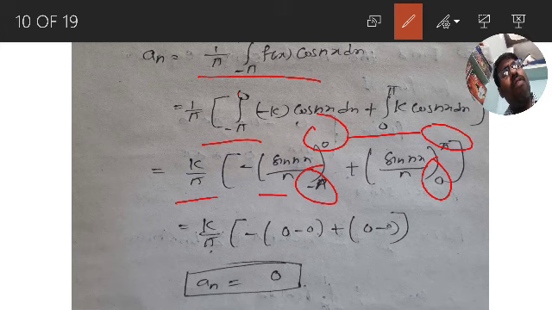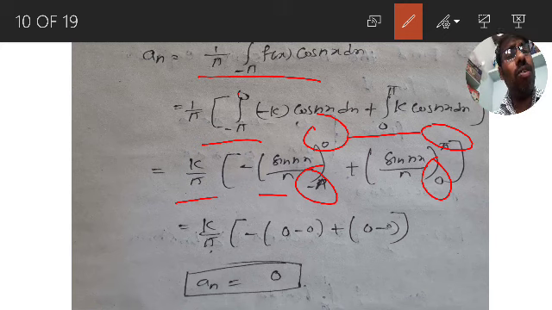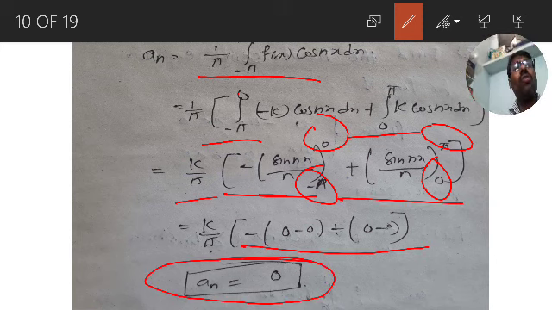You know sin of n pi is 0 for all n, that is sin 0, sin pi, sin 2 pi, sin 3 pi, sin 4 pi, sin 5 pi, and so on. All are 0. Therefore here sin 0 is 0, sin minus pi is 0, so 0 minus 0 is 0. So in both parts, first part 0, second part 0, so the total is 0, and the an value also becomes 0, that's it.